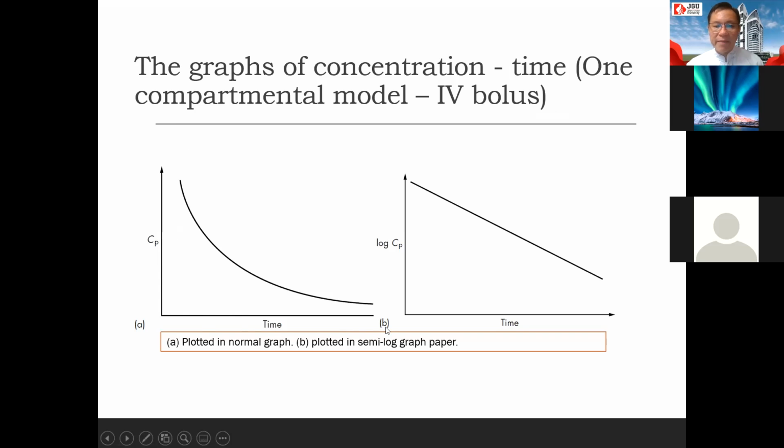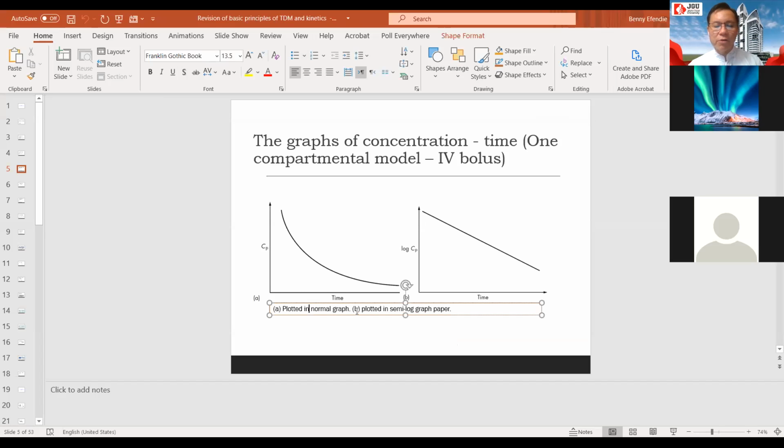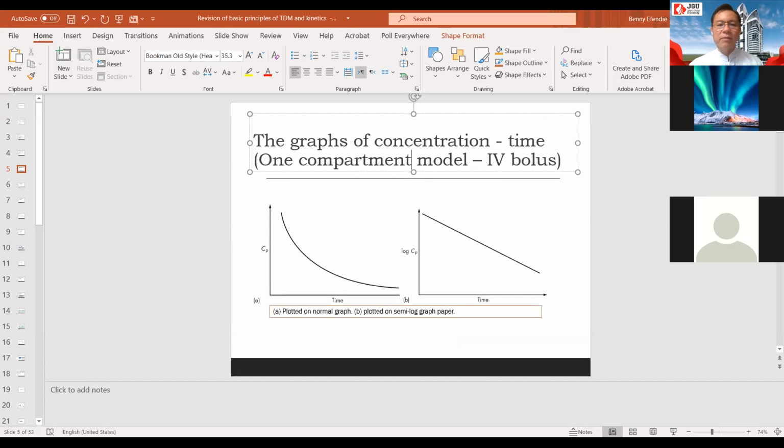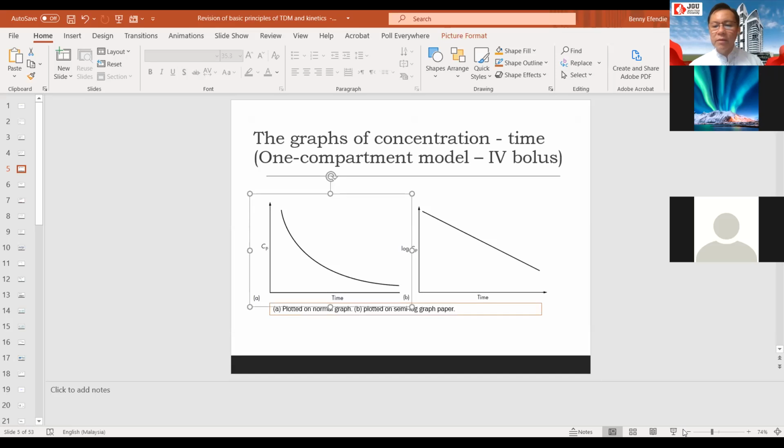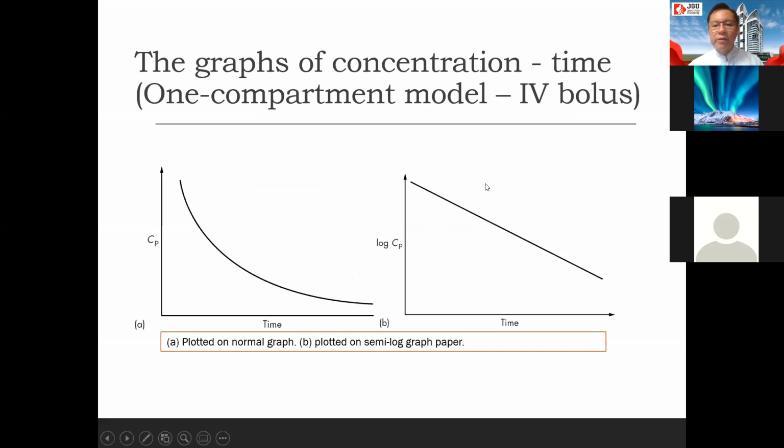In the IV bolus model, if we plot this graph on normal graph paper, it will be like this.